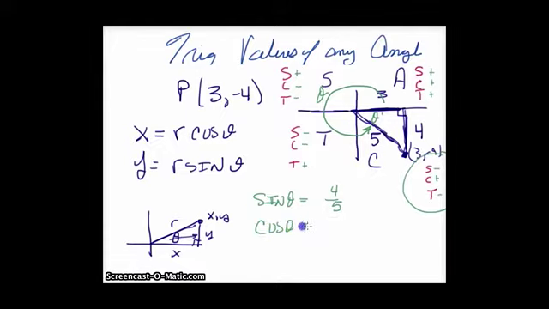Cosine of theta is equal to adjacent, which is 3, over hypotenuse, 3 over 5. And tangent is just opposite, so it's 4 over adjacent, which is 3. 4 over 3. Now remember, the cosine's positive, and the other guys are negative, okay?